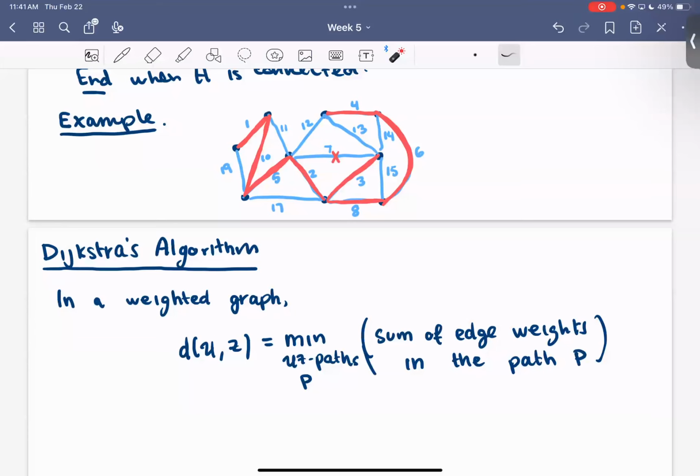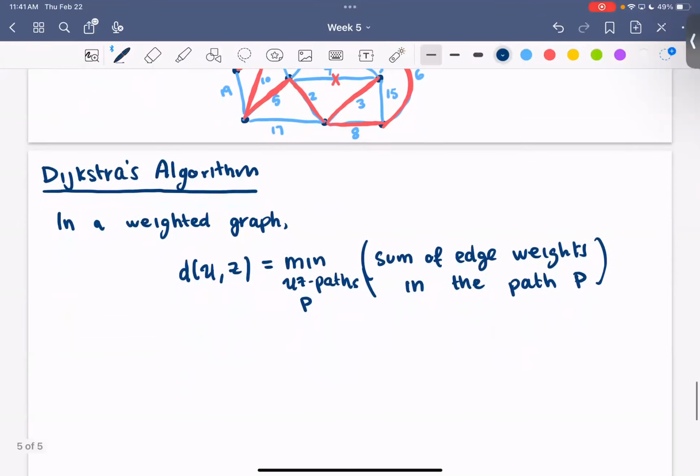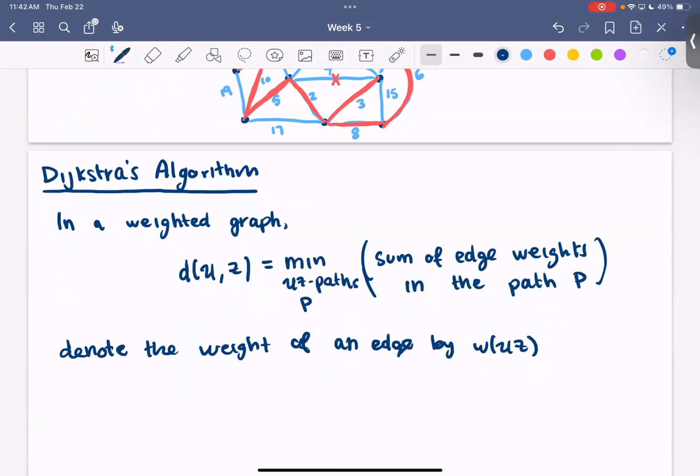And I'll denote the weight of an edge by W of UZ, if UZ is an edge.